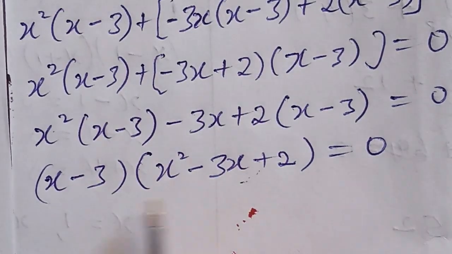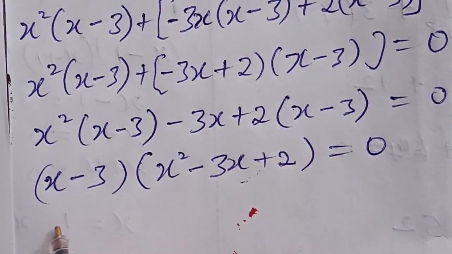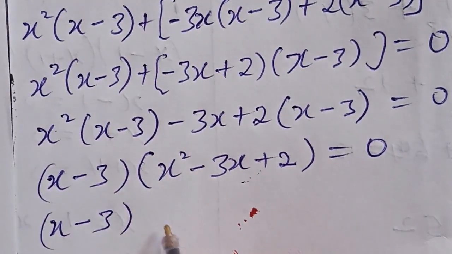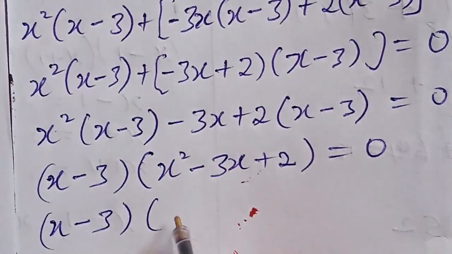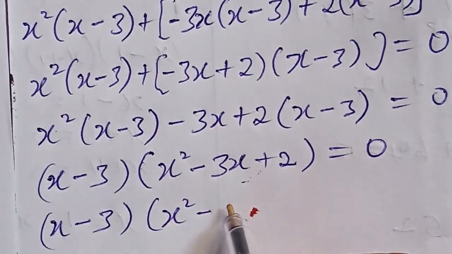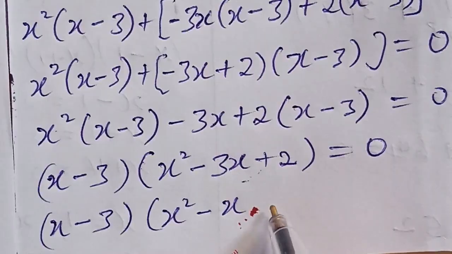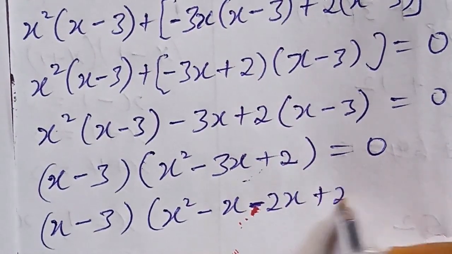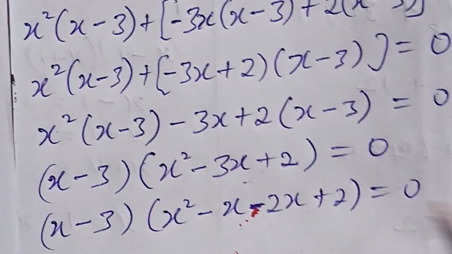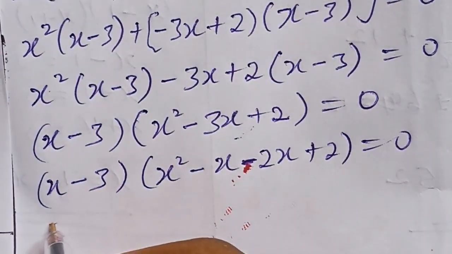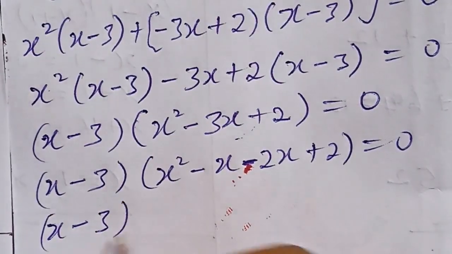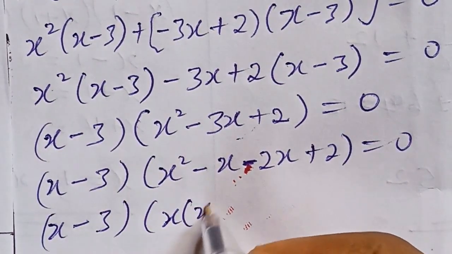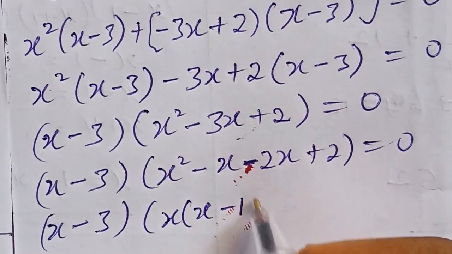So firstly, if we simplify this, we can rewrite this as x minus 3 into bracket, x squared minus x, then minus 2x plus 2 equal to 0. Now we have x minus 3 into bracket, then x into bracket x minus 1.